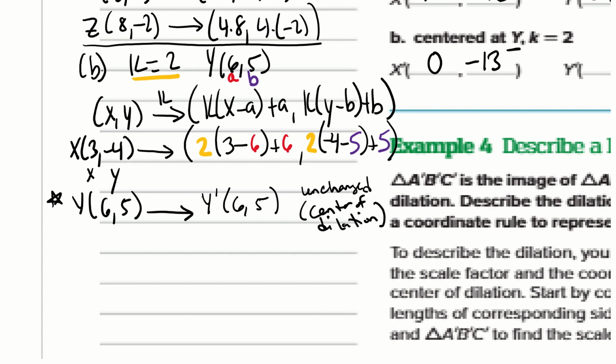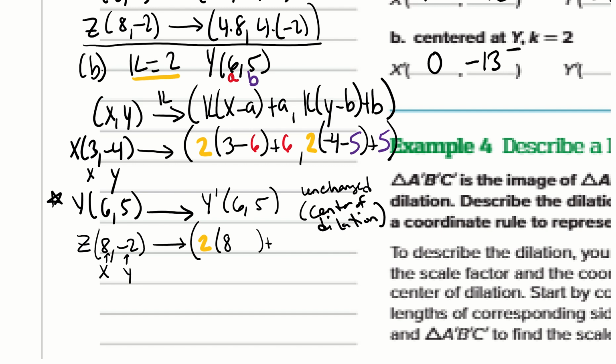Okay, all right, so let's look at the next one, Z. So Z was 8, negative 2. All right, so this is going to be our new x, this is going to be our new y. Again, using the color coding scheme that we have, k is 2 times x is 8.